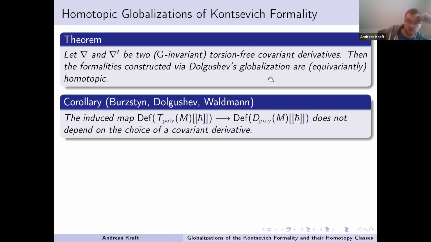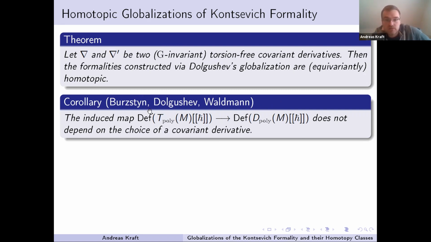And one consequence of this is that the map on the level of deformations does not depend on the covariant derivative. So remember, we had this general statement that homotopic L-infinity morphisms induce the same maps. Sorry, G is some Lie group. So this in brackets here is just for the case that we have some Lie group action on the manifold.